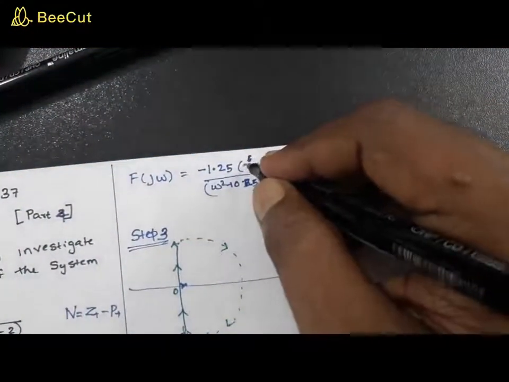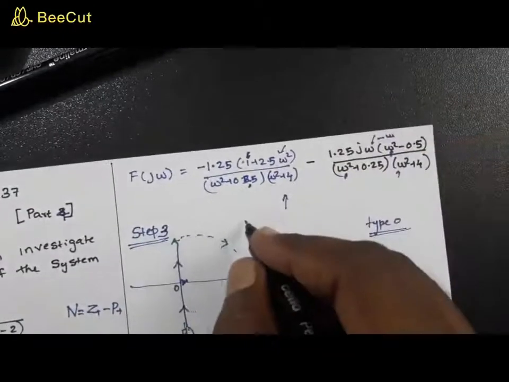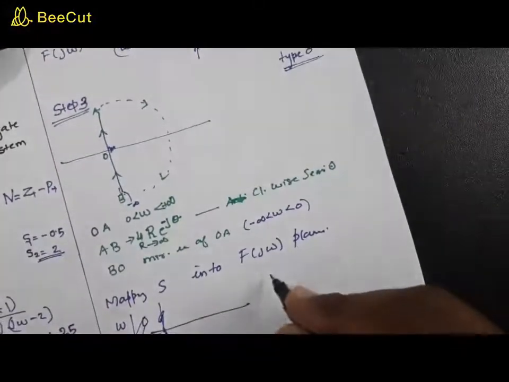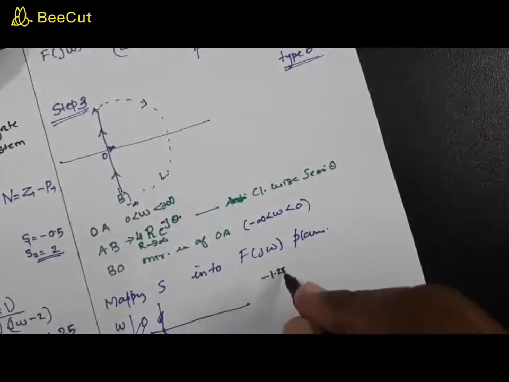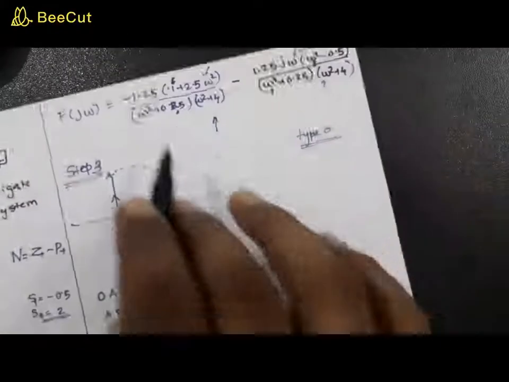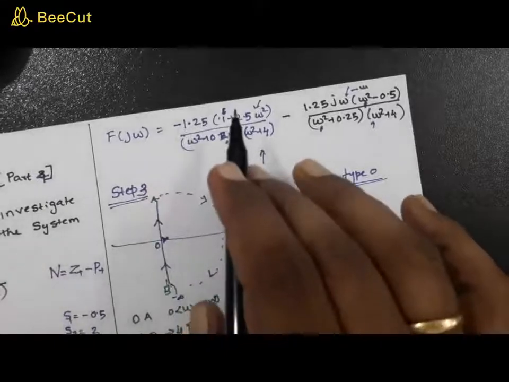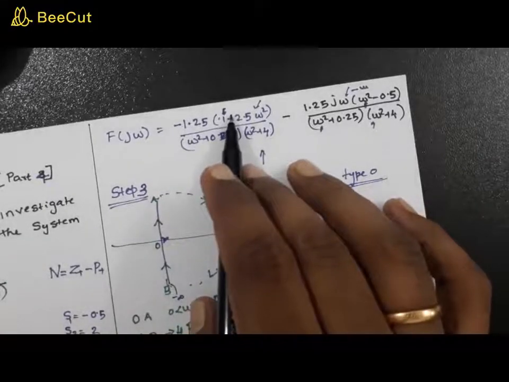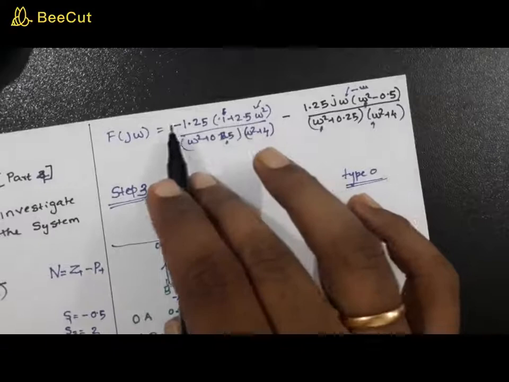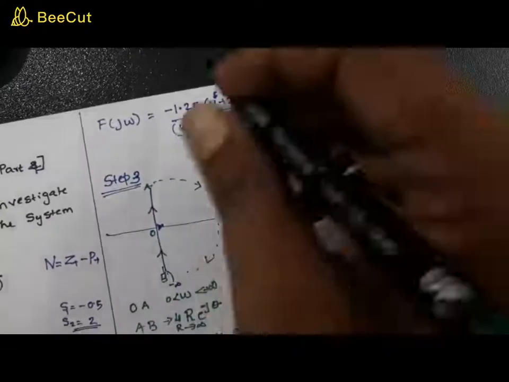So I'll be rewriting here, this value is going to be minus 1.25 into... it has to be a practice like this. In this case there is no problem, but sometimes if there is a minus sign, we need to preserve it, because that minus sign is going to affect the result. So it is better always to do it like this.